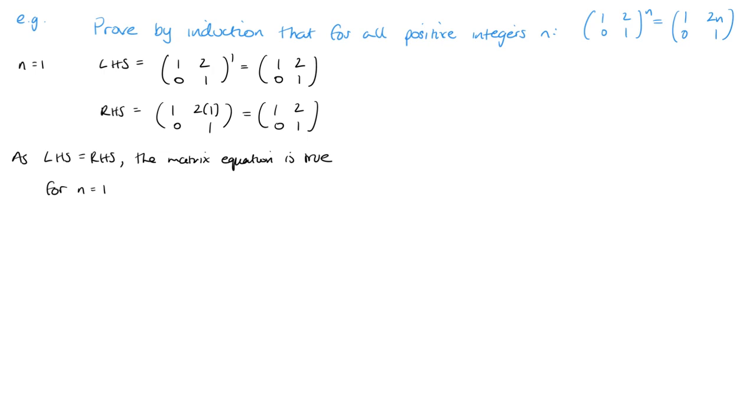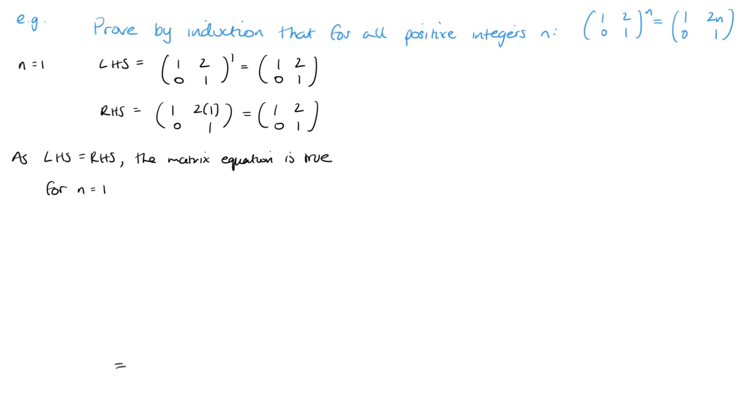So 1, 2, 0, 1 to the power k plus 1. So now we're only dealing with this left hand side. And what we want to do is get to the right hand side but with a k plus 1.